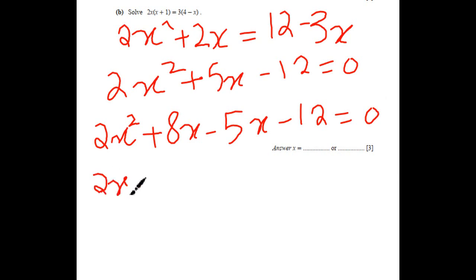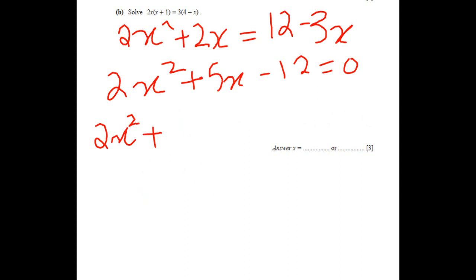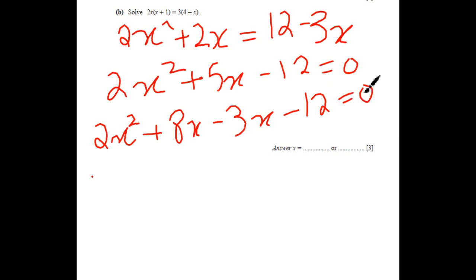2x is common, so we're left with x plus 4.